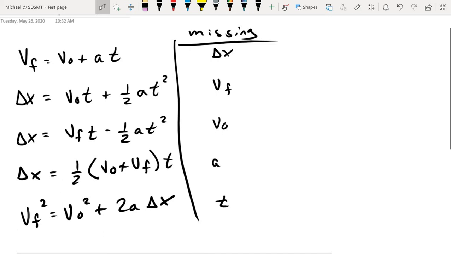And of the 5 kinematic terms that we have here, 4 of them are vectors: displacement, the velocities, and the acceleration. The only one that is not a vector is time. Time is scalar. Even though we do think of time as moving forward, time does not have a physical direction associated with it.